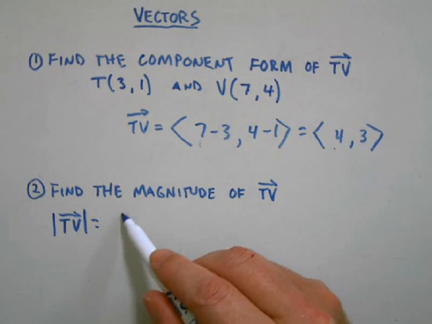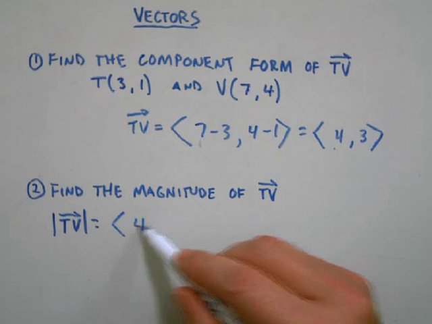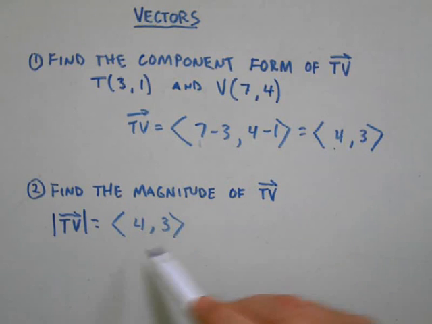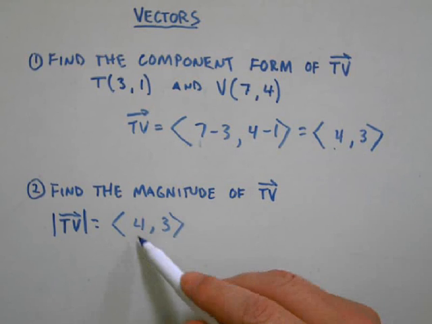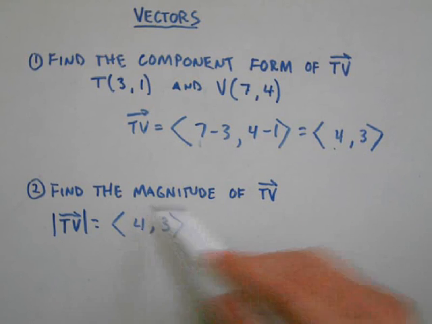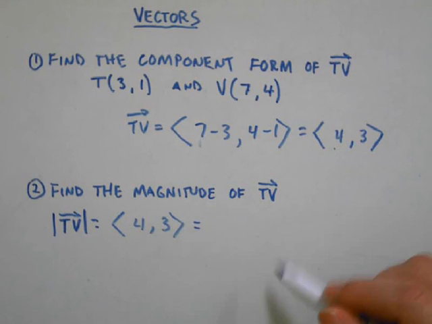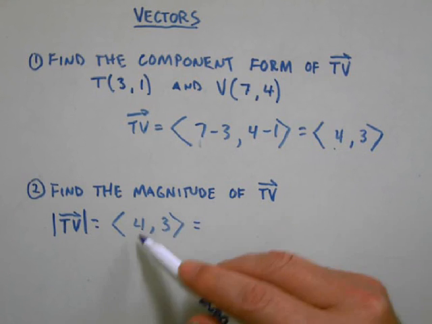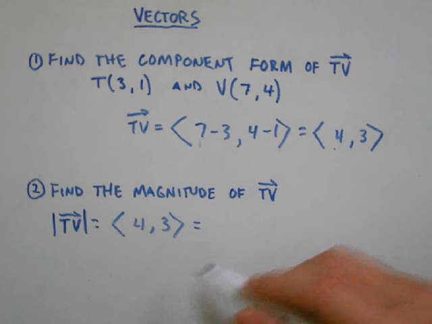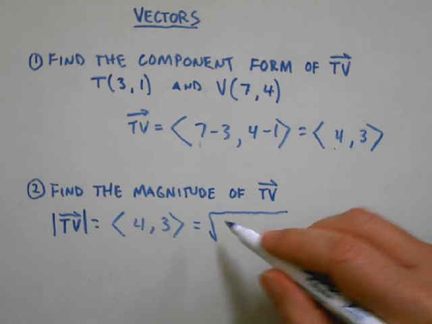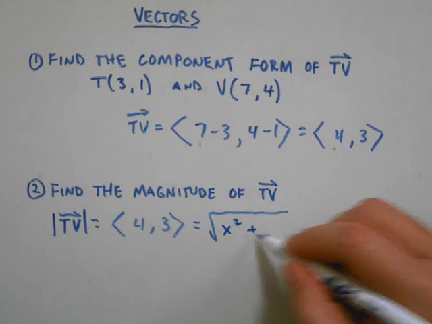So if you have a component form of 4, 3, and you need the magnitude, remember that the component form of a vector is basically the legs of a right triangle. And the magnitude is really just the hypotenuse of that triangle. So what we would want to do is use the Pythagorean theorem to get the magnitude, which is the c squared. So it would end up being the square root of your x squared plus your y squared.